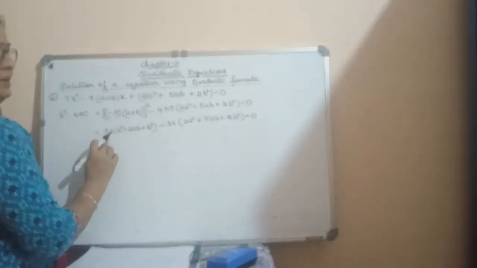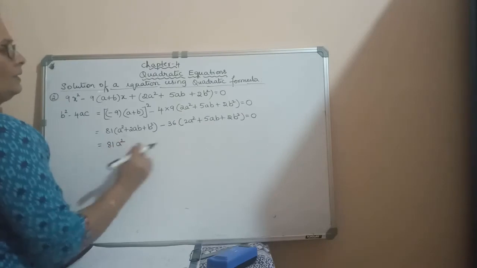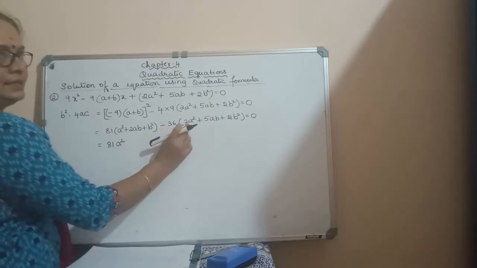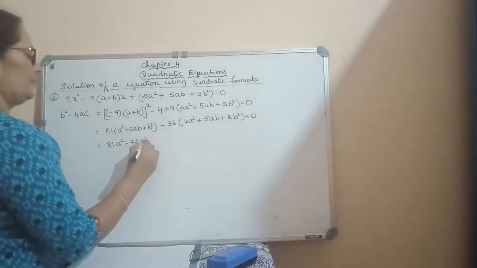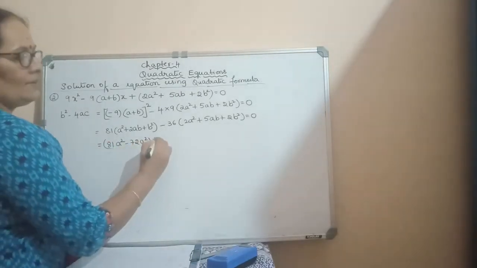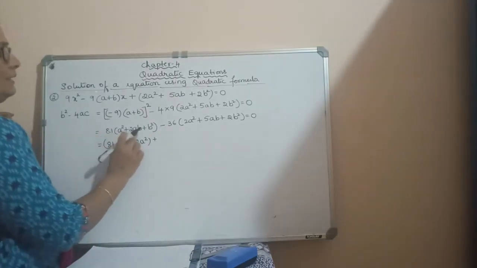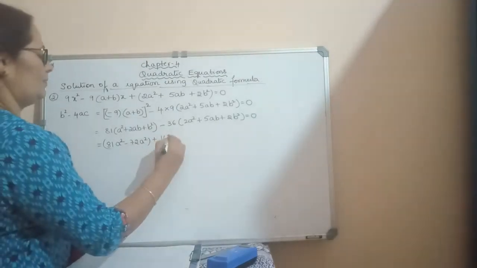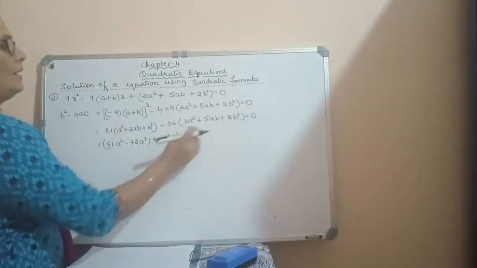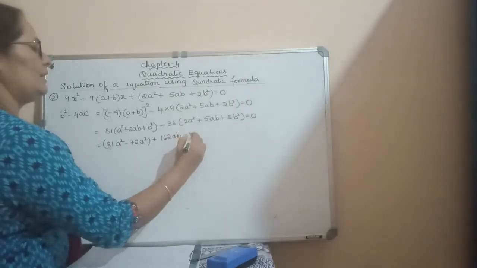So 81 into a square, 81a square. Here minus 36 into 2a square is 72a square. Like terms I will write together for easy calculation. Then 81 into 2ab, that is 162ab. And here minus 36 into 5ab, that is 180ab.